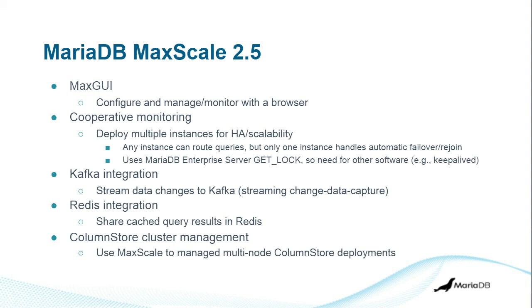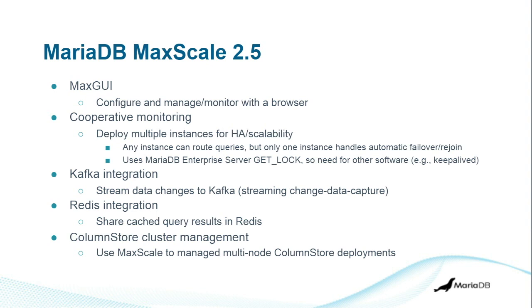MaxScale is now fully integrated with Kafka and permits streaming data changes to Kafka with the help of the Change Data Capture feature. Also, Redis is now integrated with MaxScale in order to offer a shared cache solution, removing the cold cache issue and greatly increasing the global query cache hit ratio, and more importantly, at starting.